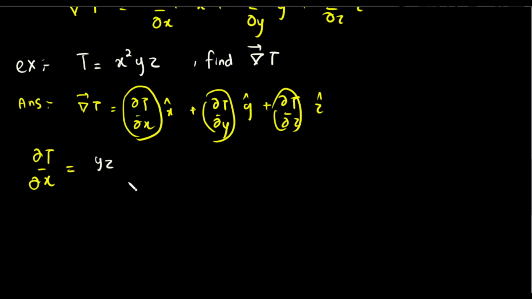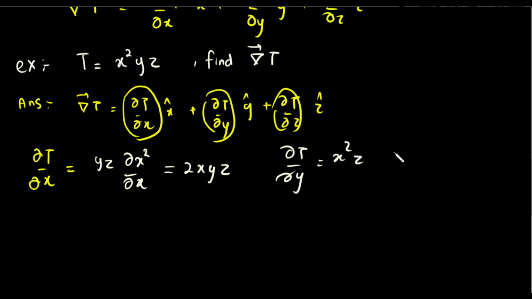I'm going to take this yz as a constant, so ∂(x squared)/∂x, which is going to be 2xyz. Likewise, I have to calculate ∂T/∂y. This is going to be equal to x squared z, and ∂T/∂z can be written as x squared y.